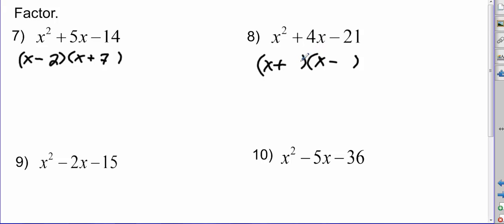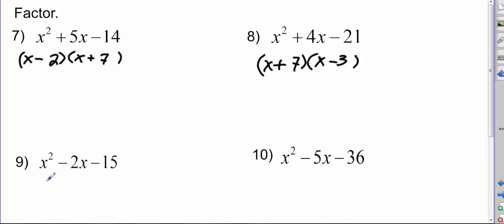So in this one, I know that if we multiply 3 times 7, we'll get the product of 21. And so we want the 7 to be positive because it's the larger number, and then when we subtract 3 from 7, we end up with a positive 4. So that's how we know which binomial to put which number with.